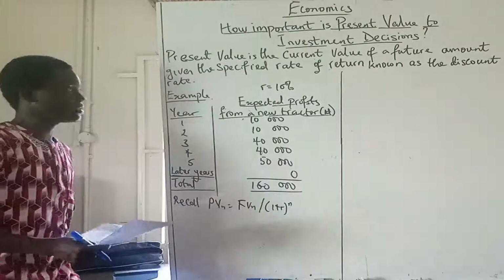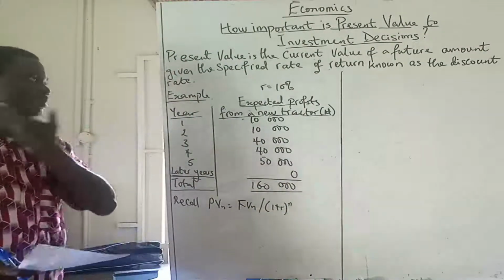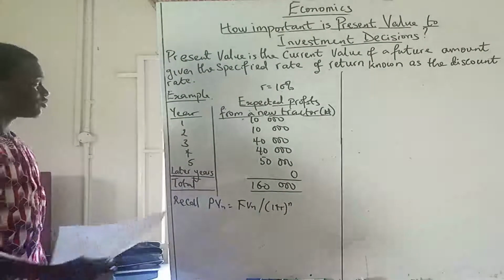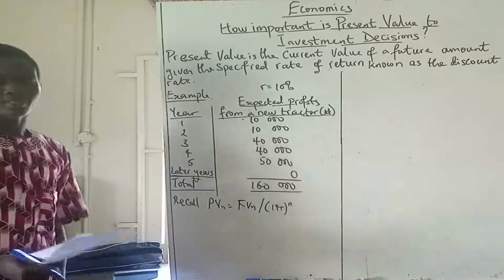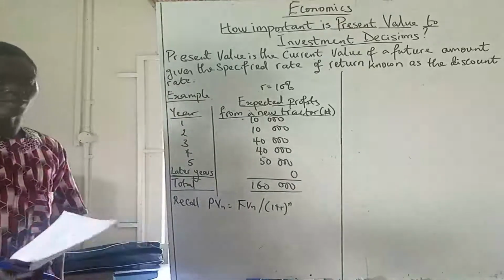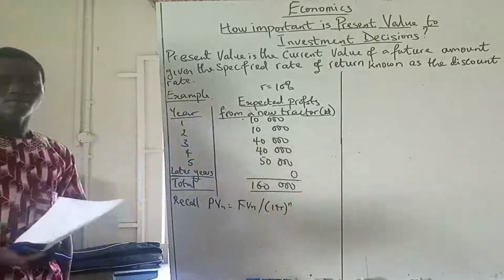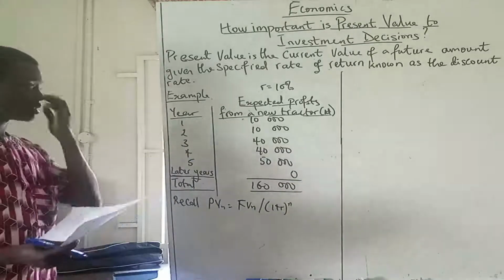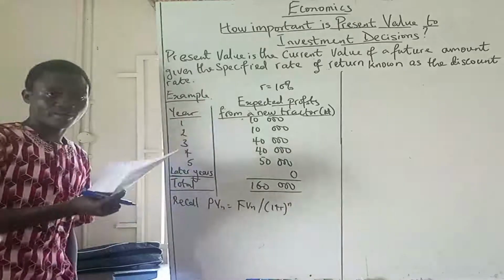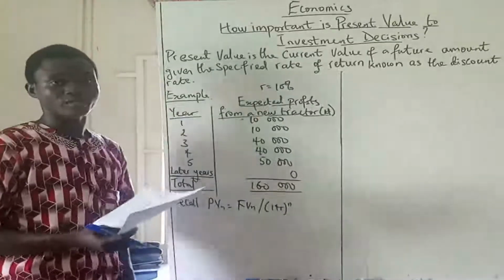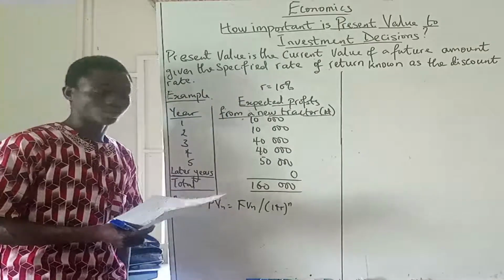Here we are. I still decided to leave the definition of present value on board so that we can follow up. So present value is the current value of the future amount given the specified interest rate of return, and I mentioned the specified interest rate of return is known as the discount rate. So now we have this example, we have this data on the board. A firm wants to invest in a new tractor, and the tractor costs 120,000 naira.